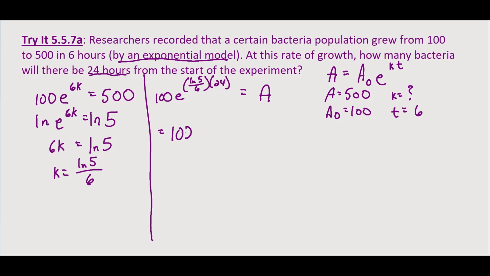So this ends up 100 times e to the 4 ln of 5. Now we can take the 4 to the front.